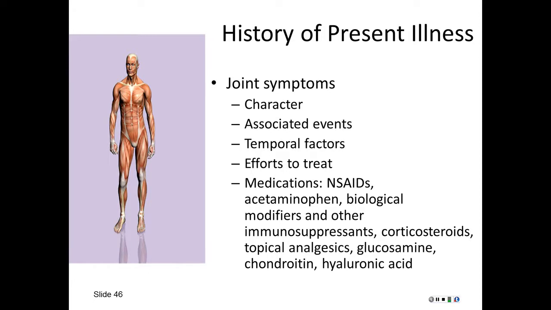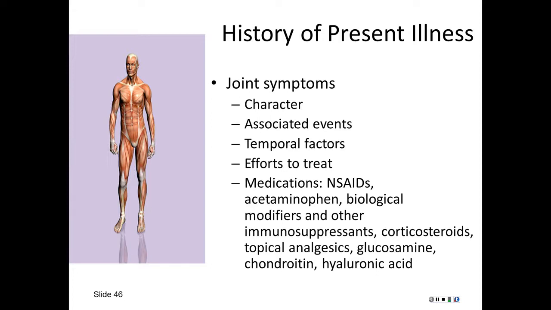There wasn't a period of rest. If there's any efforts to treat and were they successful, look at the medications, NSAIDs, Tylenol, biological modifiers, and other immune suppressants. See if there's any corticosteroids, because that will decrease the inflammation.